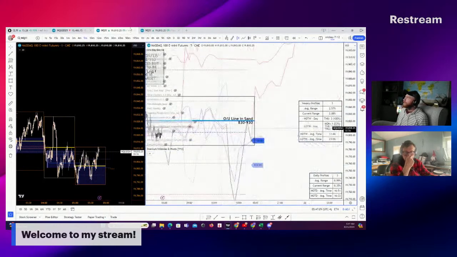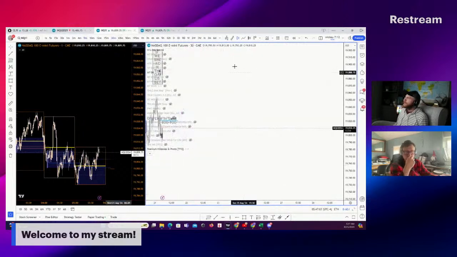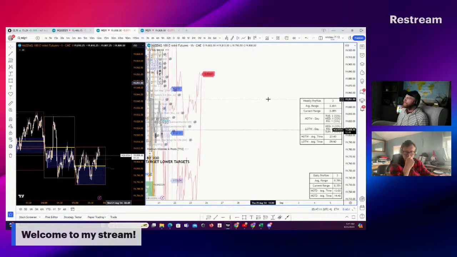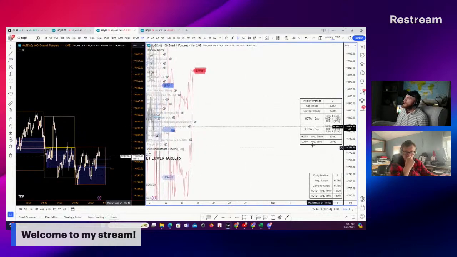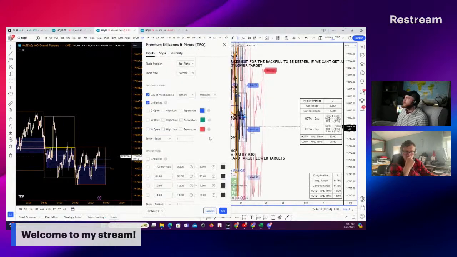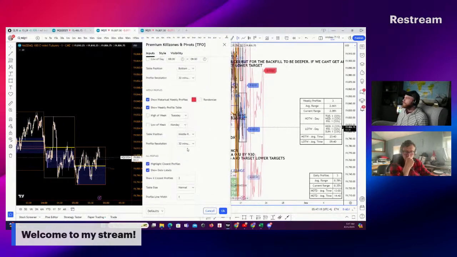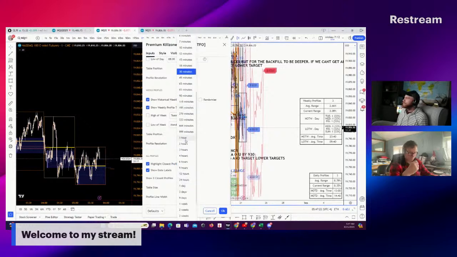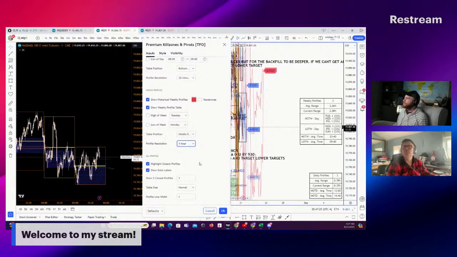Let's extend this out so we can see more data. Let's go to the 1 hour. Let me fix this. Let the data catch up.